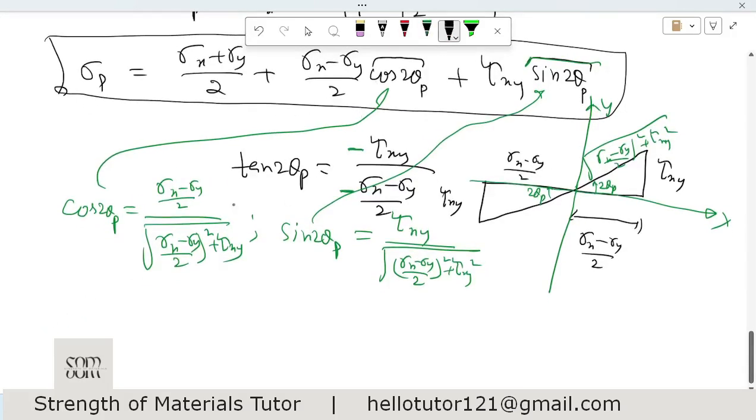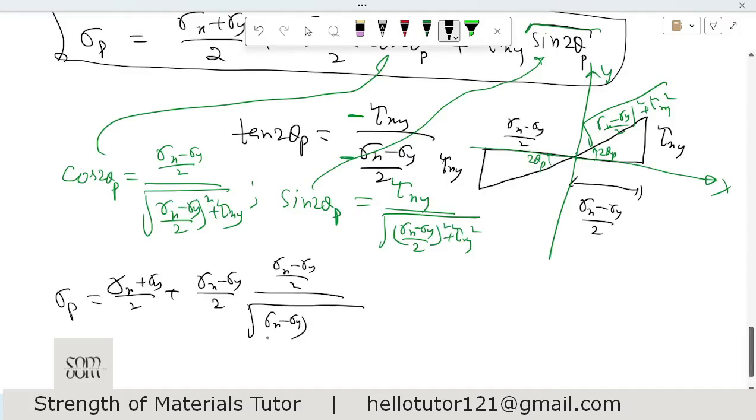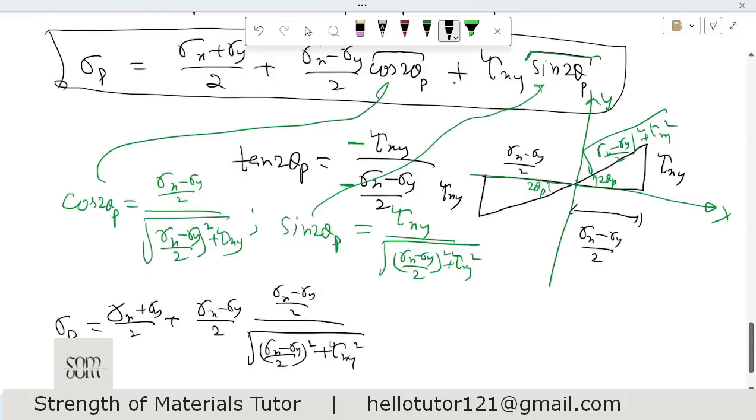So we get sigma p is, first, (sigma x plus sigma y)/2 plus (sigma x minus sigma y)/2. Now cosine of 2 theta p, I will put this value here, divided by the square root of ((sigma x minus sigma y)/2) whole square plus tau xy whole square. Then we have plus tau xy times sine 2 theta p.